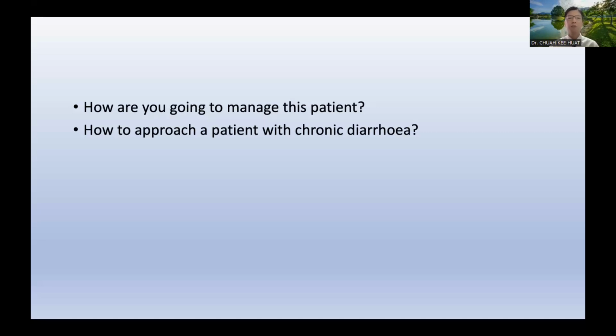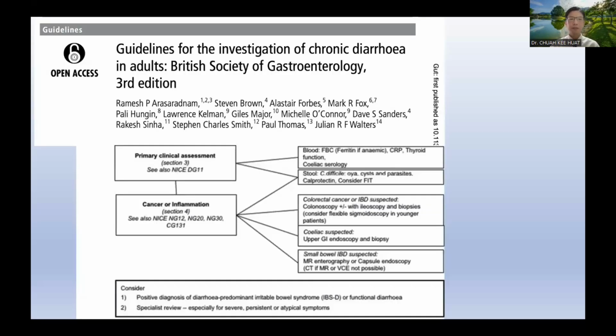In other words, how to approach a patient with chronic diarrhea? Based on the guidelines for investigation of chronic diarrhea of the British Society of Gastroenterology, of course, we have to rule out colon cancer, especially as this patient has a red flag symptom, onset of diarrhea after the age of 45.